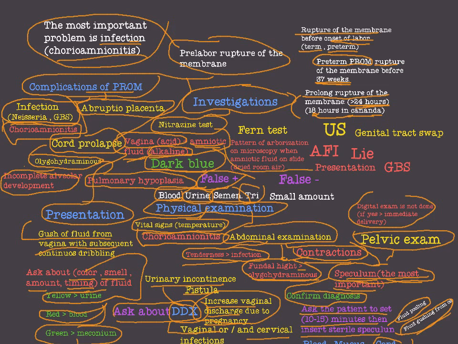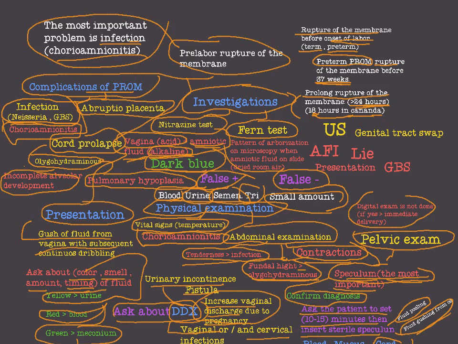Okay, when do we have a false negative nitrazine test? False negative means that we have a negative value, but we still have rupture of membrane. If we have a small amount that is not enough to make the media alkaline, we may have false negative values. The fern test is the second test to do.